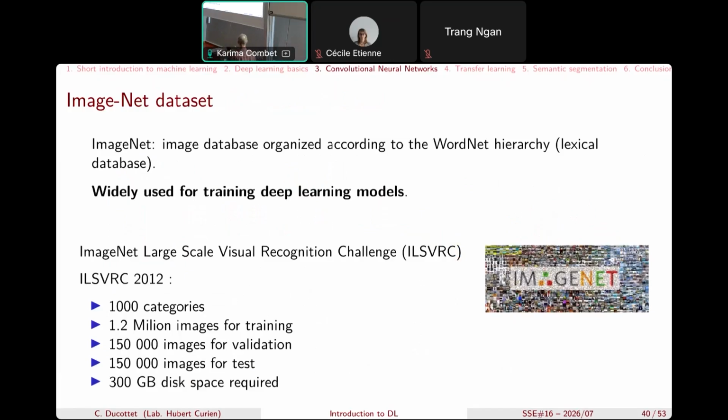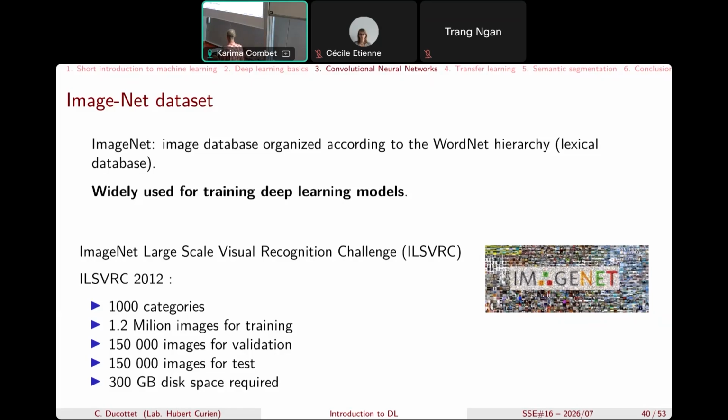WordNet is a lexical database to organize words into meanings, into groups, and it is widely used in deep learning. There is a subset of WordNet, ImageNet, which has been used for a challenge, and this dataset has 1,000 categories.